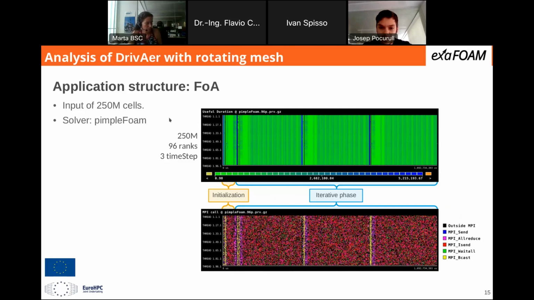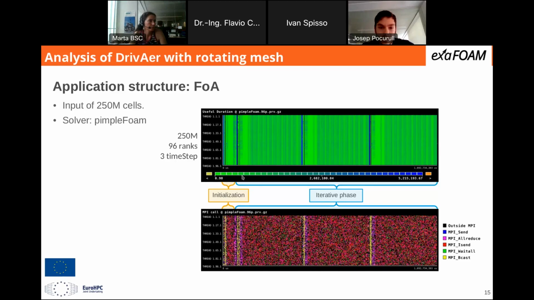So first of all, what we did was execute the case with only 3 time steps, and we opened the trace with 2 different views. The top one is the useful duration, and the bottom one is the MPI calls. We see in these views that the time steps are very differentiated, and there is also an initialization phase.